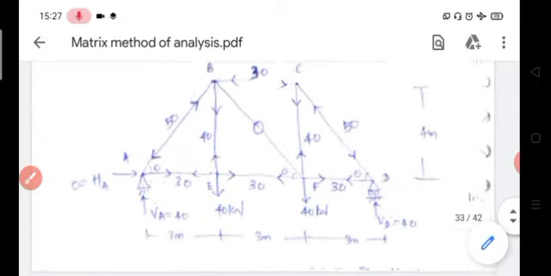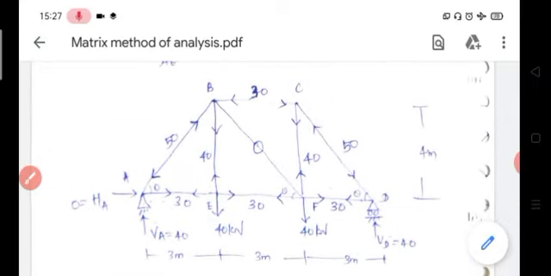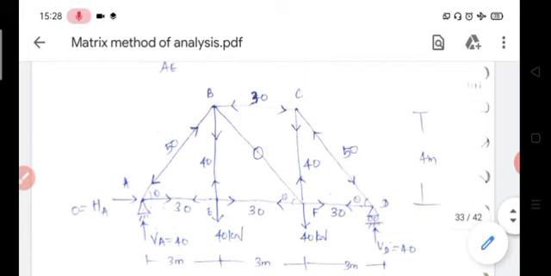For this, the first thing we should determine is the support reactions. So for this we apply the equilibrium equations. From these equilibrium equations we finally determine V is equal to 40, Vd is equal to 40, H is equal to 0. Then draw the free body diagram for each and every joint, then apply equilibrium equations.